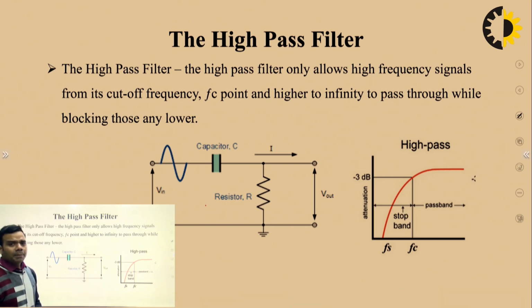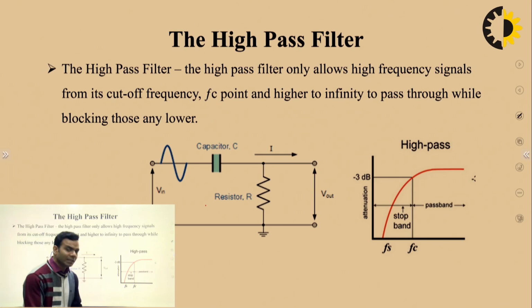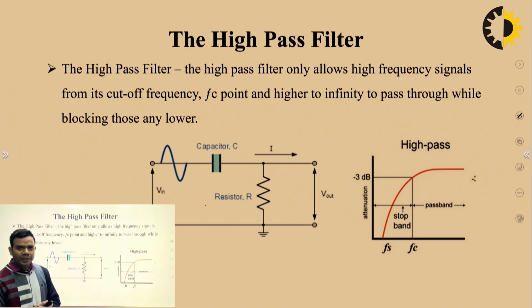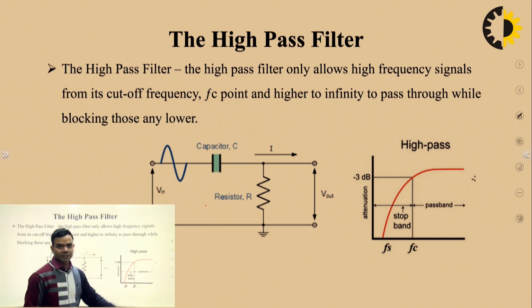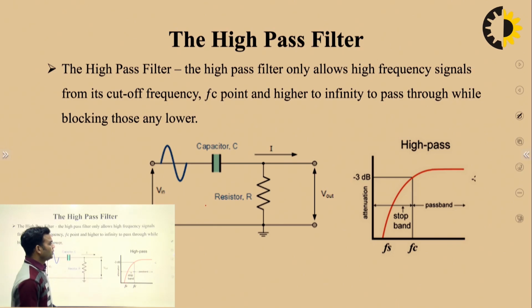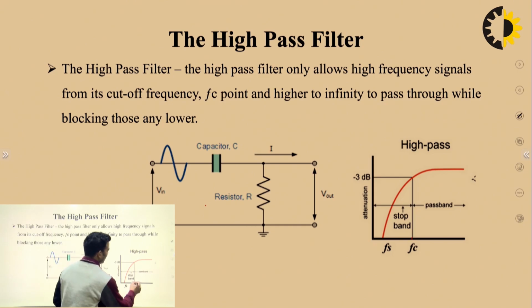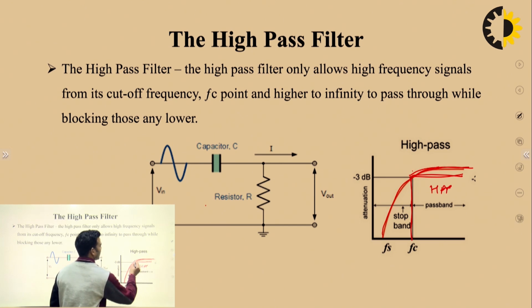High pass filters are those which pass the signals which have frequency more than the cutoff frequency. So this should be the ideal response of the high pass filter, and practically it will behave like this. At high frequency there is sufficient gain, at cutoff frequency gain reduces to minus 3 dB, and after that the gain decreases.